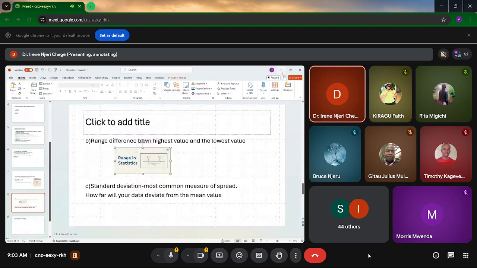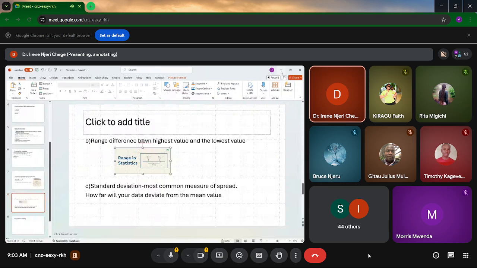You can see the mean and the median will always be greater than the mode in positively skewed data. In negatively skewed data, the mean and the median will always be less than the mode. That is what we are calling skewness when you're describing your data.